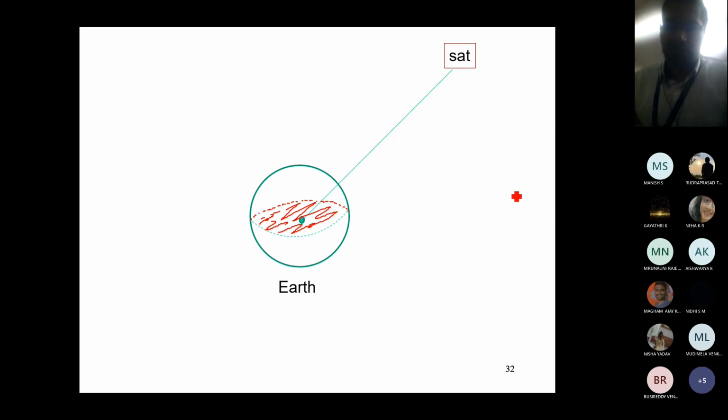And we also discussed the subsatellite point. If you make a line joining the center of the Earth to the satellite, the point where this line intersects the surface of the Earth is called the subsatellite point.